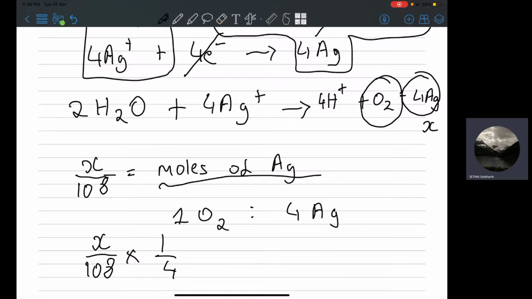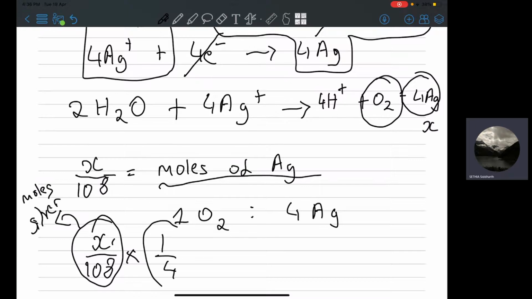So X over 108, this is the moles of silver. In order to get from the moles of silver to the moles of oxygen, we multiply by 1 over 4, because that is the ratio that we have obtained in our final big equation, right?